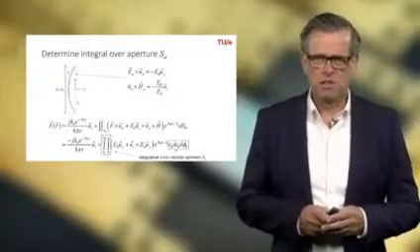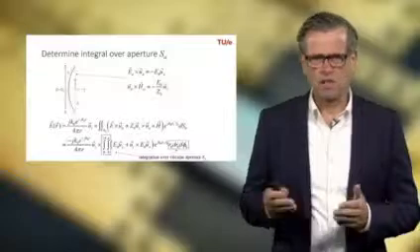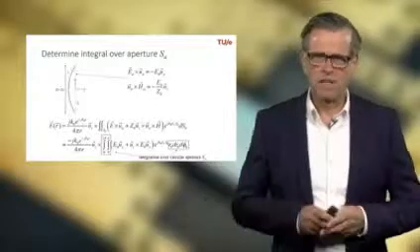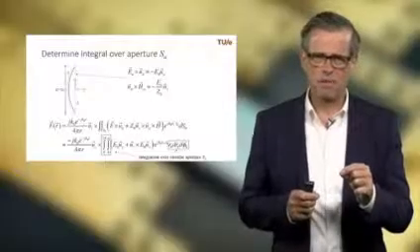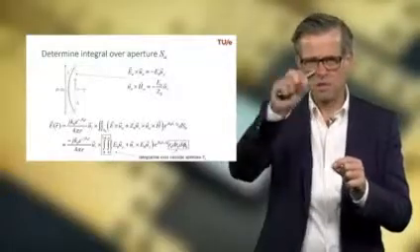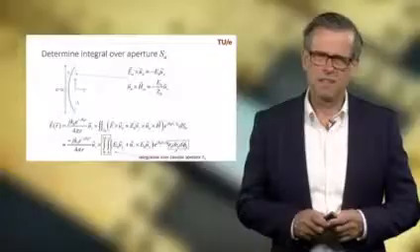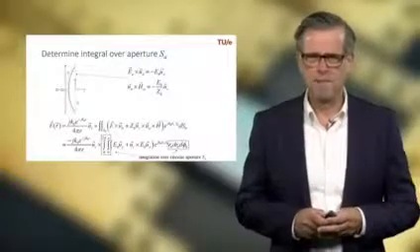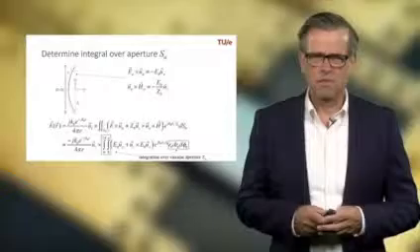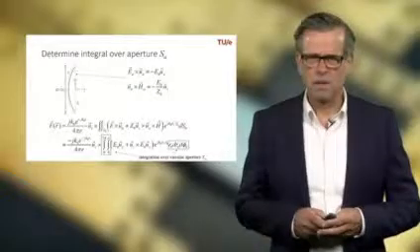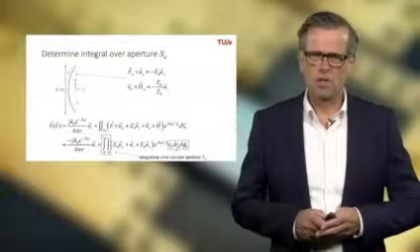So it's an integration where phi runs from 0 to 2 pi, and where the radius runs from the center of the circular aperture, so that's 0, to the outer circle. That's indicated by the radius A. And A is related to the diameter, because the diameter is 2 times A, of course. So now we have to work out this integral.